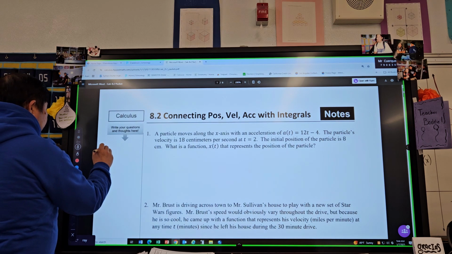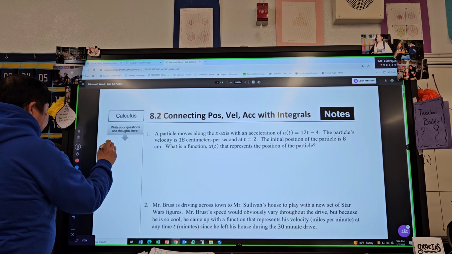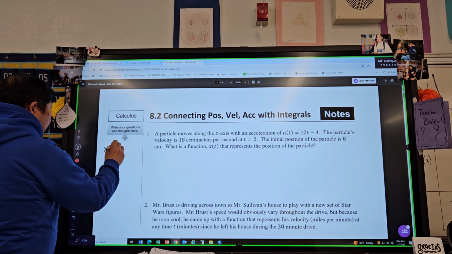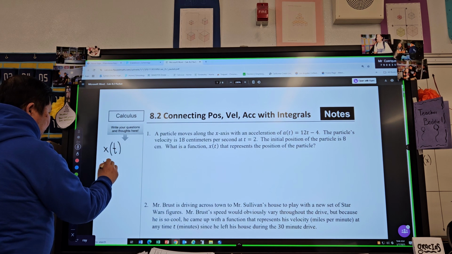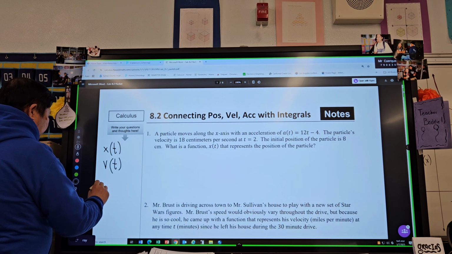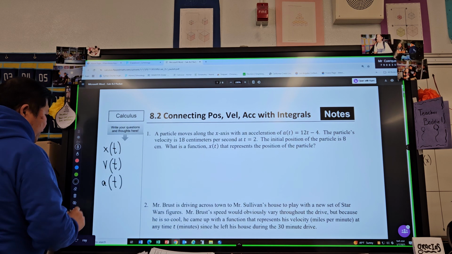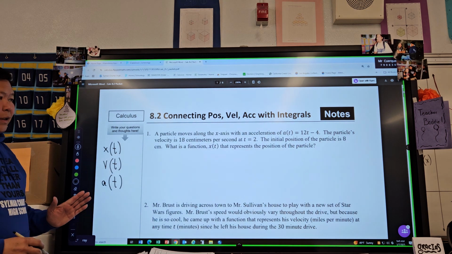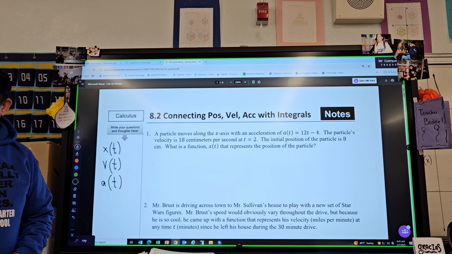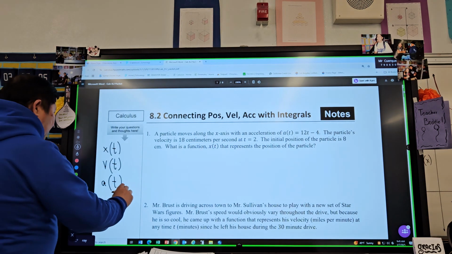We're gonna have the position function, the x of t, and then the velocity, and then acceleration, a of t. So in this case, we are going up, right? Antiderivative, so we go up.